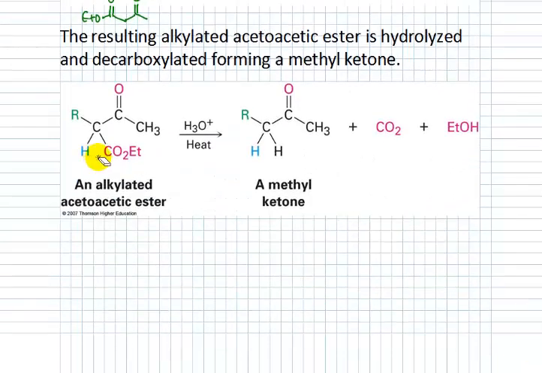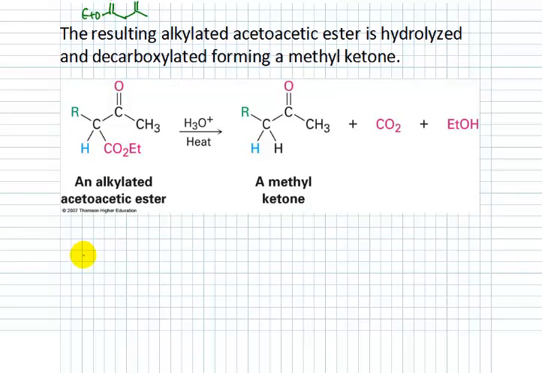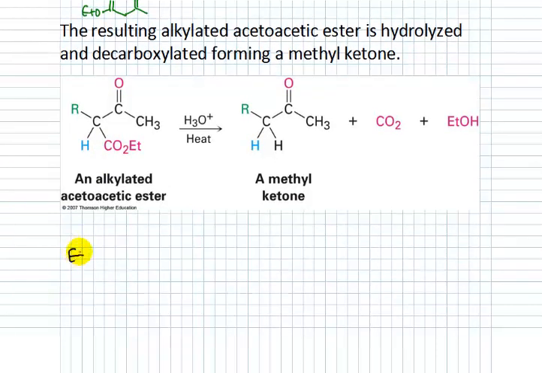The alkylated compound is hydrolyzed. I'll redraw it the way that we started up above, actually. C double bond O, CH2, C double bond O, CH3. Okay, with an R group and an H. By the way, if we wanted to alkylate a second time here, we also can.